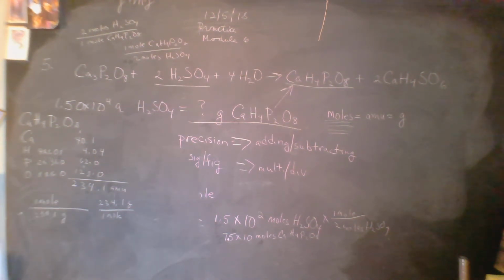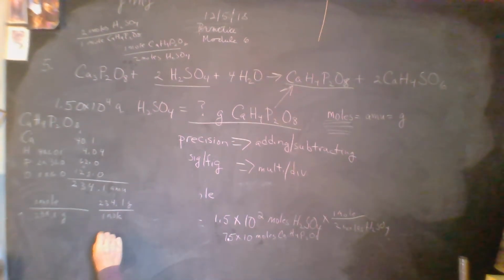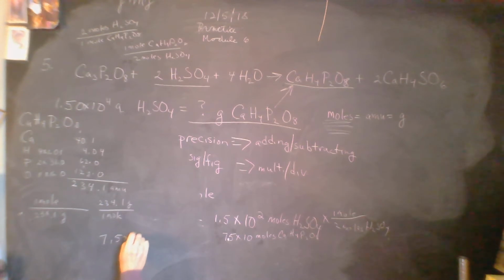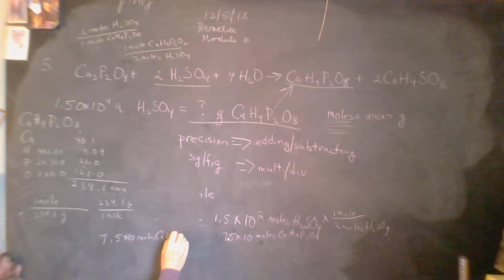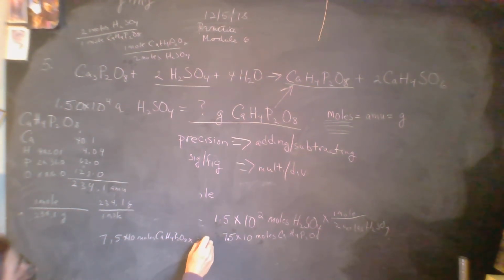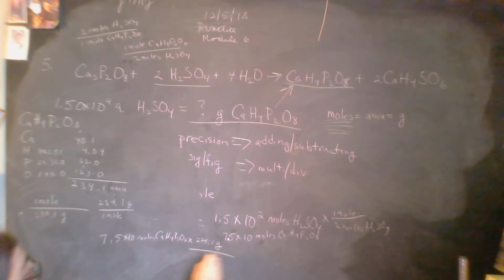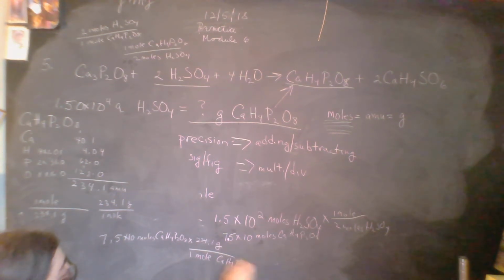On the top, that's right. So we're going to say 7.5 times 10 moles of CaH4P2O8 times 234.1 grams per 1 mole of CaH4P2O8. The moles cancel and give me grams.